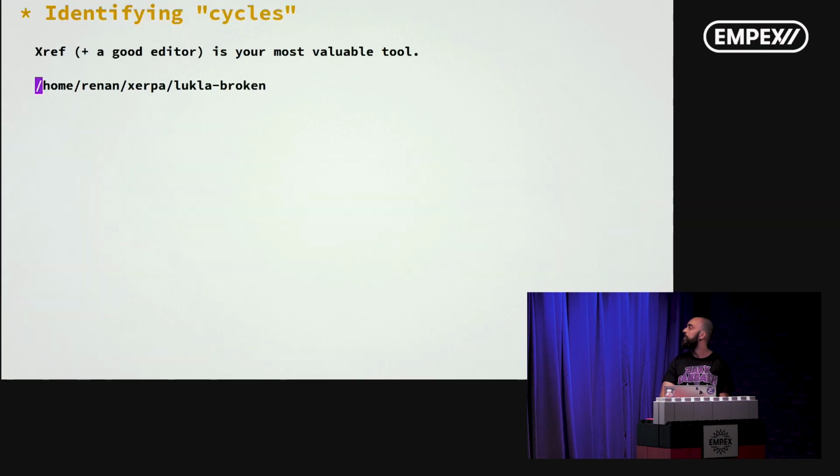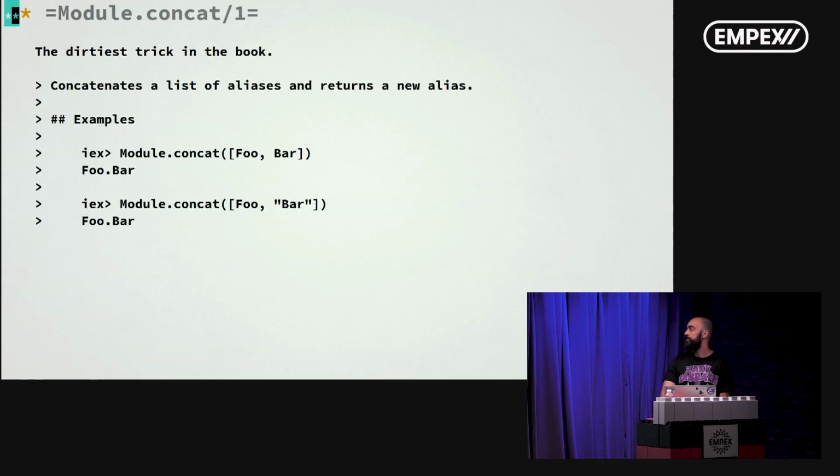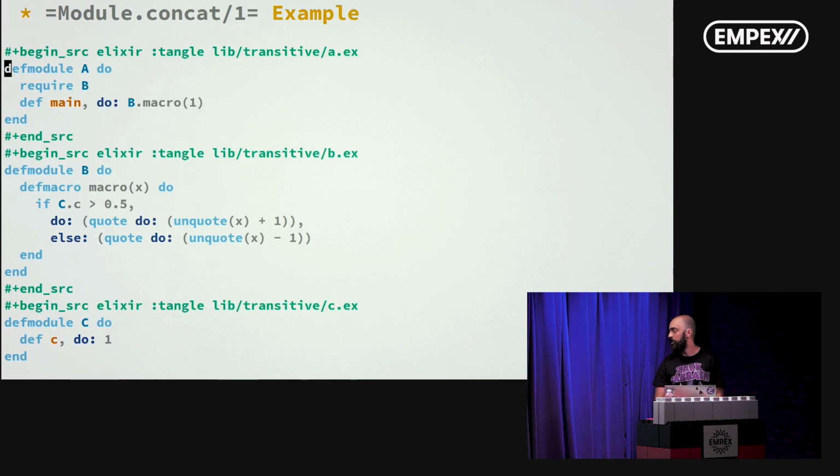Well, the dirtiest trick in the book is the Module.concat function. The Module.concat function will take strings and create an alias, like this, the foo and the bar, and create a module Foo.Bar. We're essentially going to tell the compiler, hide the module from the compiler.